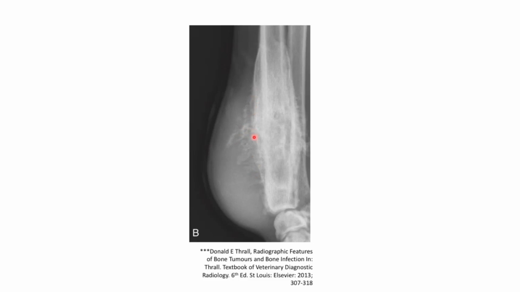It's so highly irregular, and this is an example of a spiculated periosteal reaction. There are a whole number of other changes to this bone compatible with aggressive bone disease. We've got a very long, indistinct zone of transition. We've definitely got some lysis affecting the mid-diaphysis here, and some cortical destruction, and a huge amount of soft tissue swelling. So this is looking like a really highly aggressive lesion.